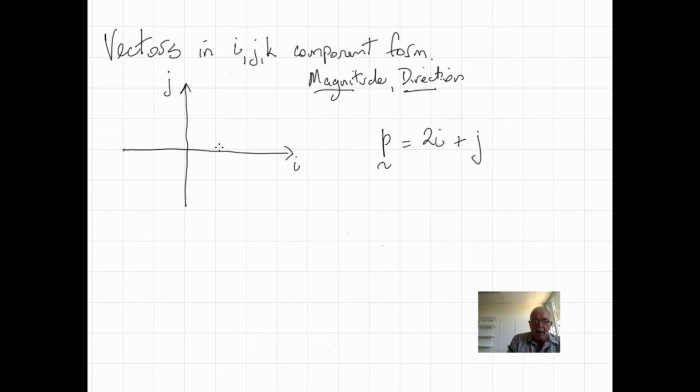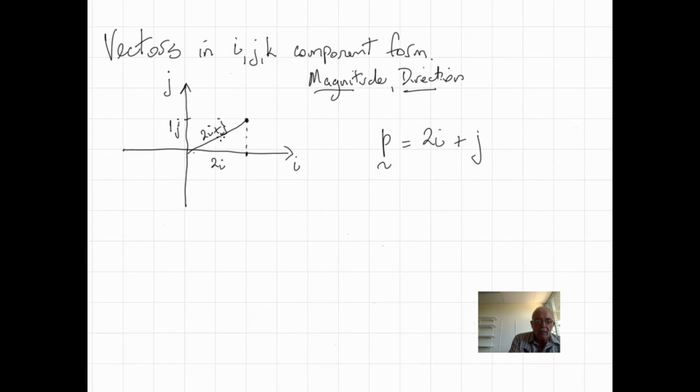So i would be 1 unit long, so it goes out 2 in that direction, so there's 2i. And in the j direction, we go up 1, so that's 1j, which is just j. So we go up to there. So there is the vector 2i plus j. So that would be vector p.